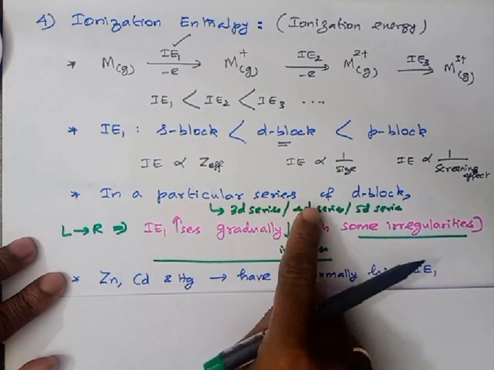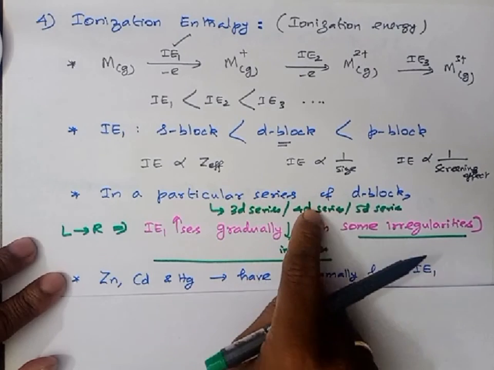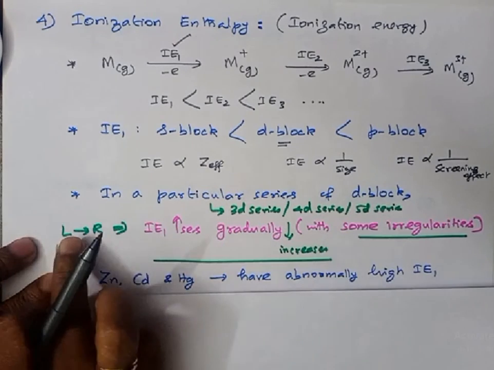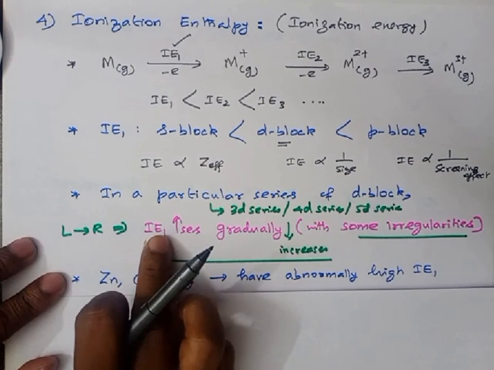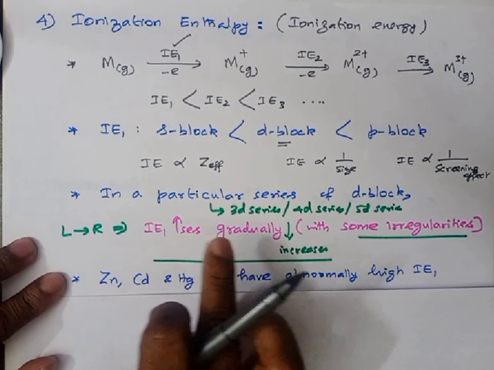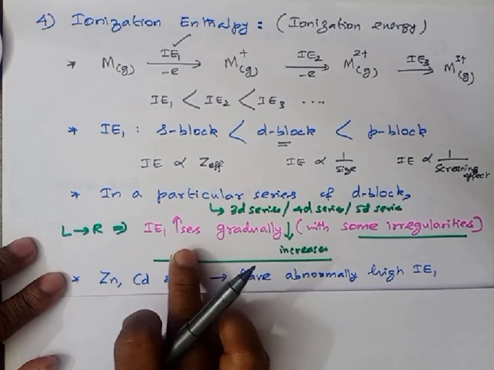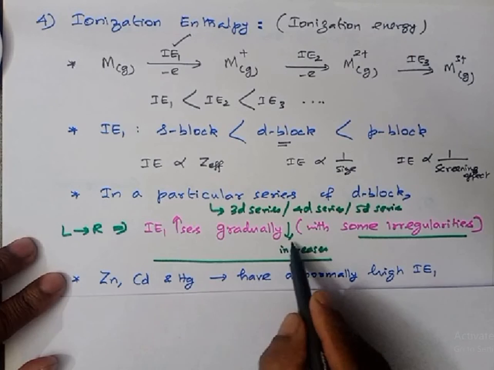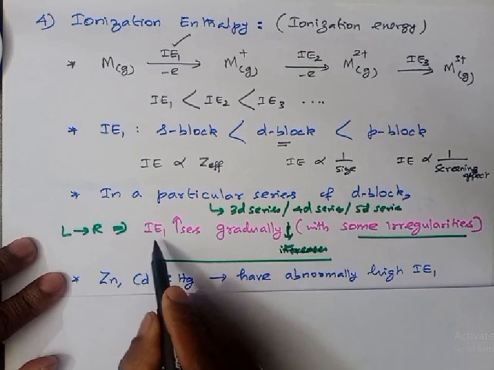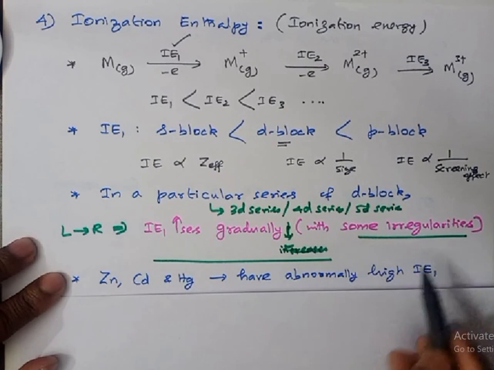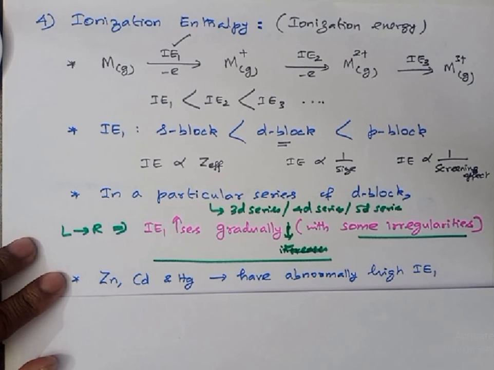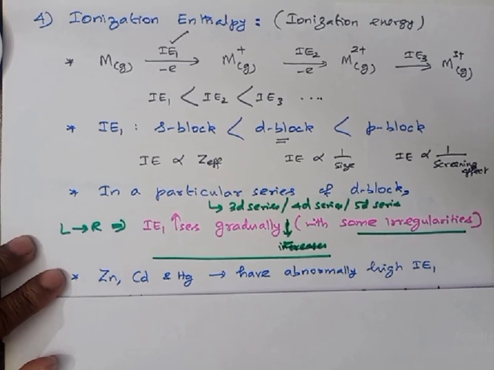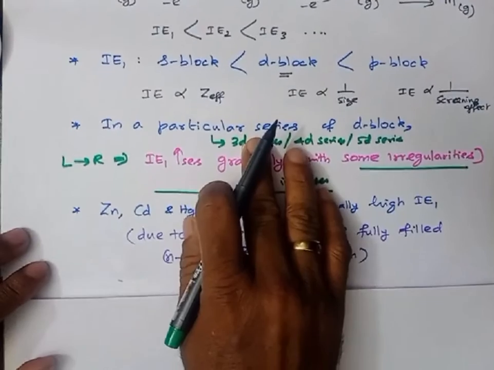Keep this point in mind. In a particular series of D block, whether it is 3D, 4D or 5D, when you move from left to right, first ionization energy increases gradually with some irregularities. Now, students observe carefully.